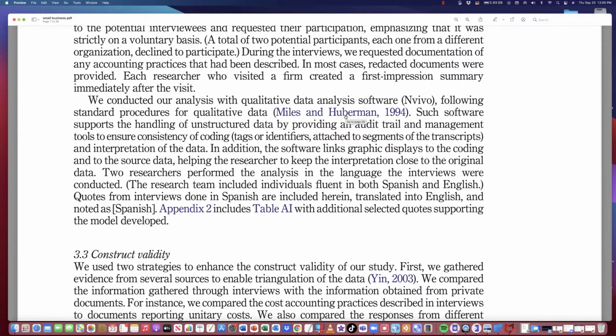In addition, the software links graphical displays to the coding and to source data, helping the researcher keep the interpretation close to the original data. Two researchers performed the analysis in the language the interviews were conducted.